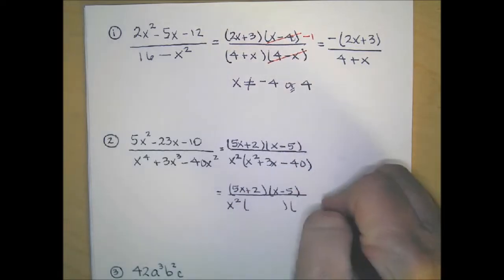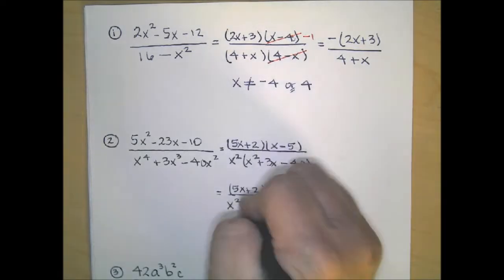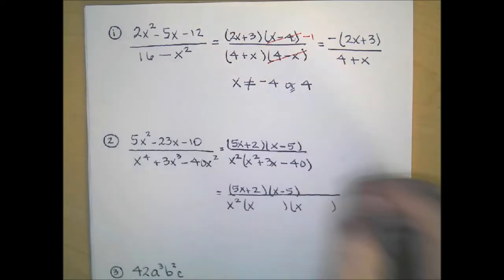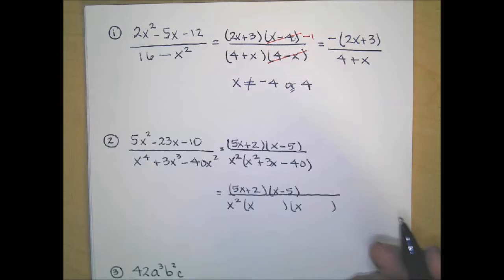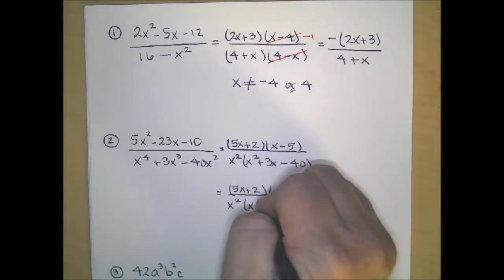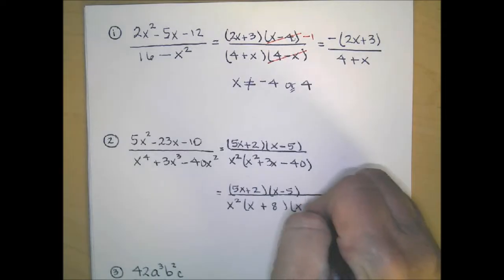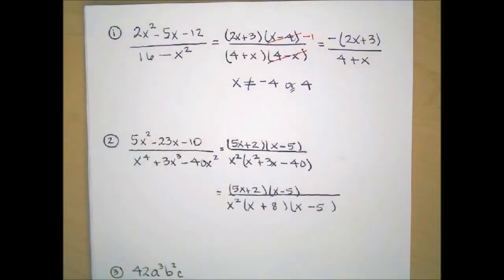That can be factored with an x and an x. I want factors of -40 that add up to +3. So the 8 would be positive, x plus 8, and x minus 5. So now my problem is fully factored.